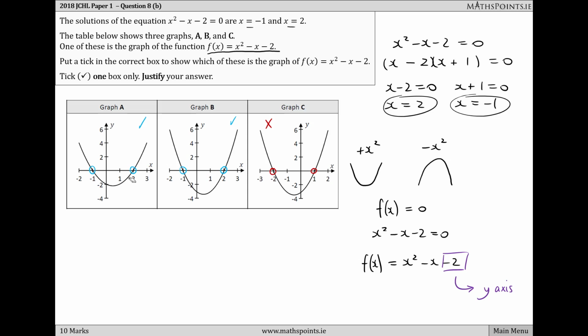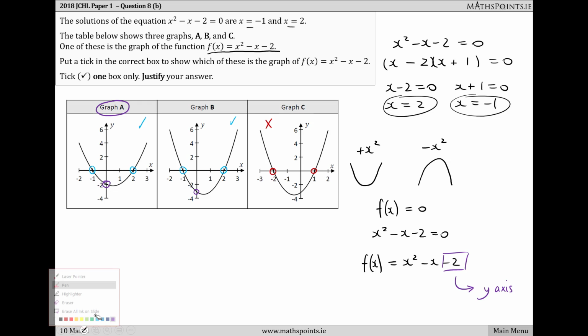We can see that on graph A, minus 2 is the value of y where the curve cuts the y-axis. On graph B it looks like the value minus 3. And so the answer to this question is that graph A is the graph of the function f of x equals x squared minus x minus 2.